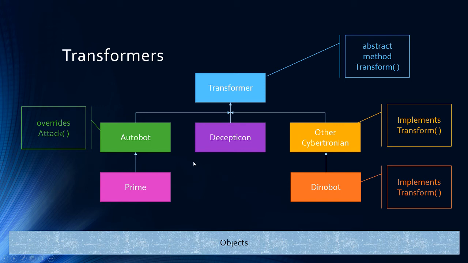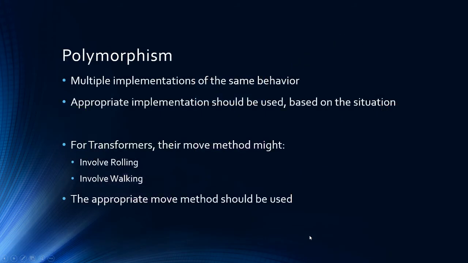In another example, my Autobot could override that attack method. Remember, it was set as a method that could be overridden. So if I do override it, again, I'm implementing polymorphism because I'm changing the way this object type handles things.